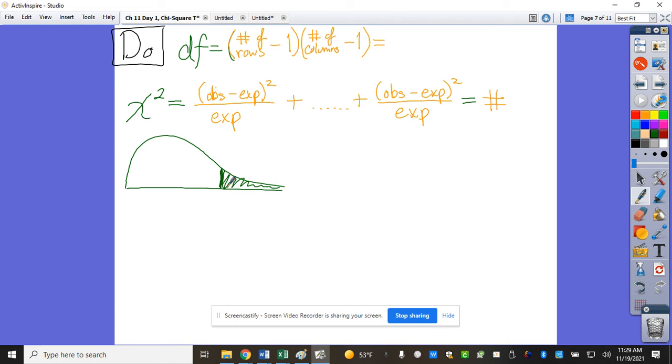Might be farther back this way, but it's always going to shade to the right. So draw and shade it. And then what are we going to get out of that? P-value. Which we then compare to what? Alpha.